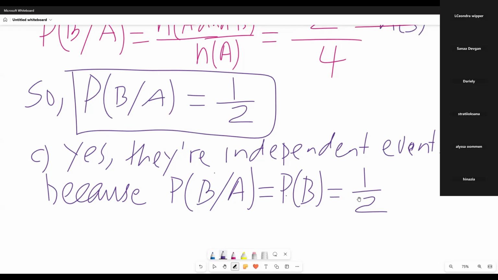Is this clear? Yeah. Okay. They are independent because the probability of B given A is equal to the probability of B. Got it?